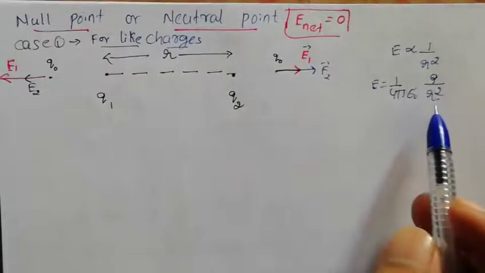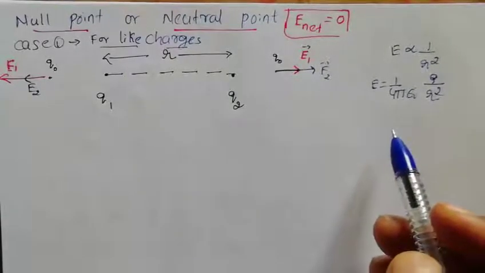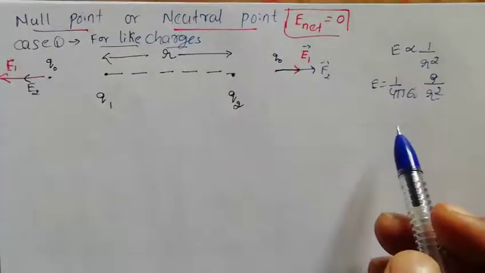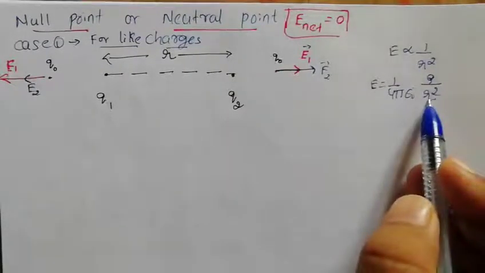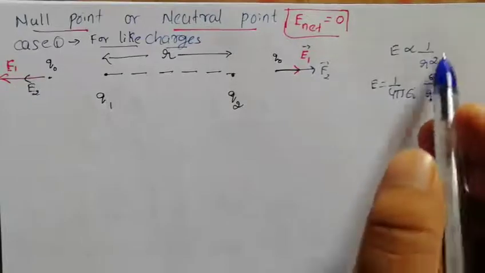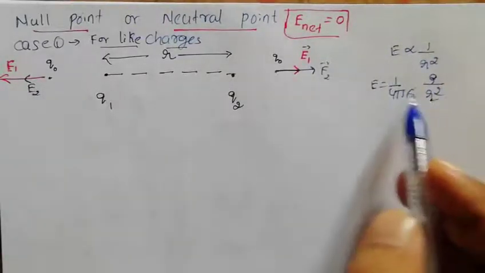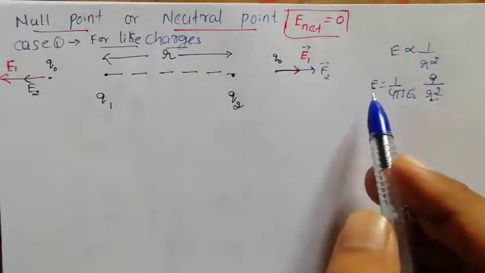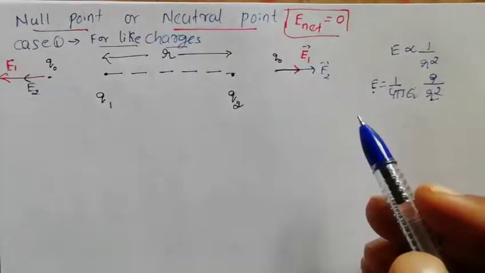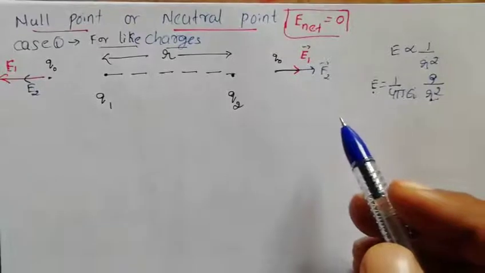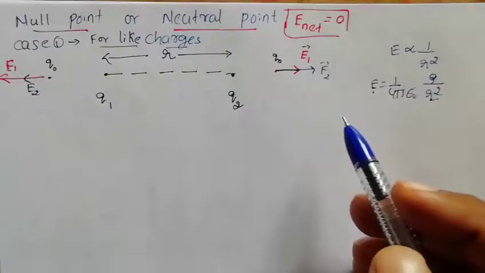As the distance becomes more, the electric field strength becomes less. Till where does electric field strength exist? Where r becomes infinity. As we see, when r becomes infinity, electric field becomes 0. Theoretically we can say electric field strength exists up to infinity, but experimentally when we get a weak electric field, we just leave it.